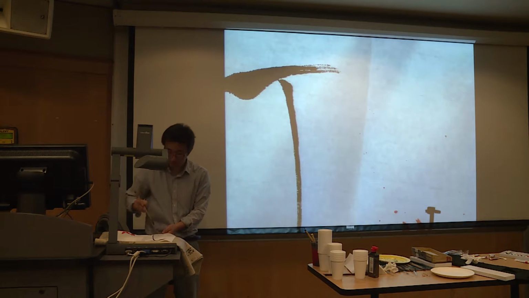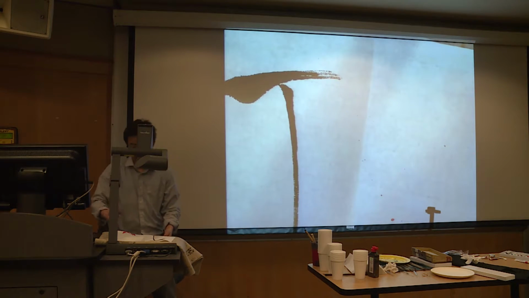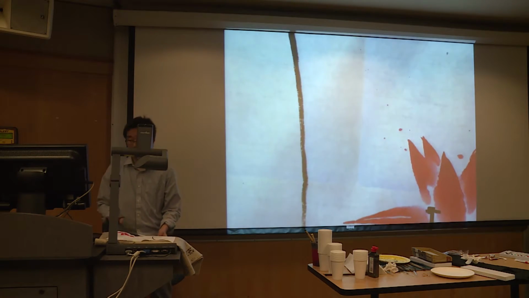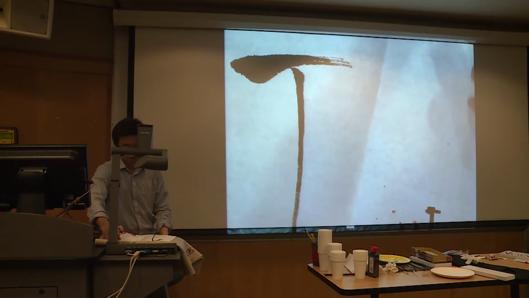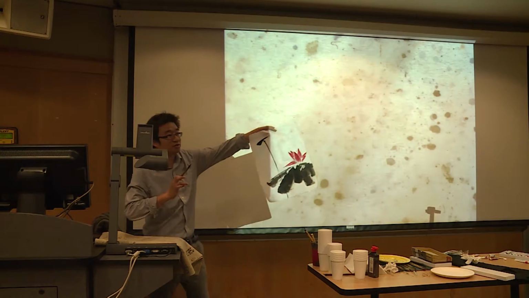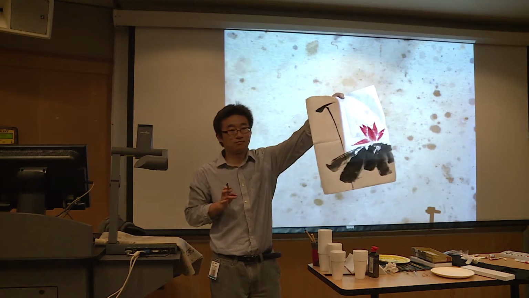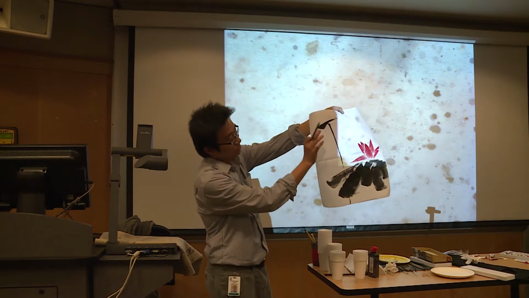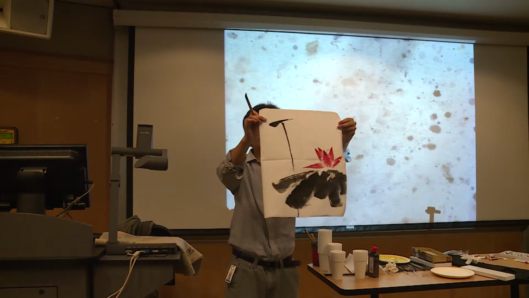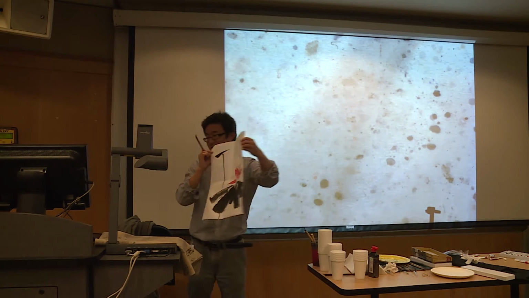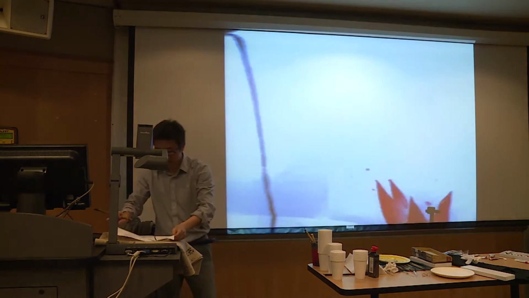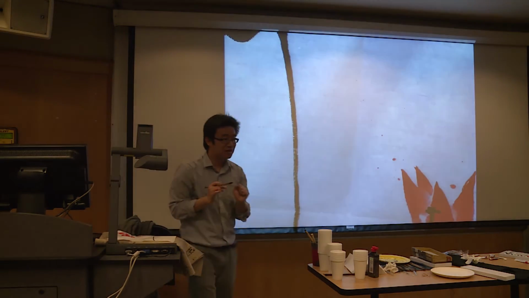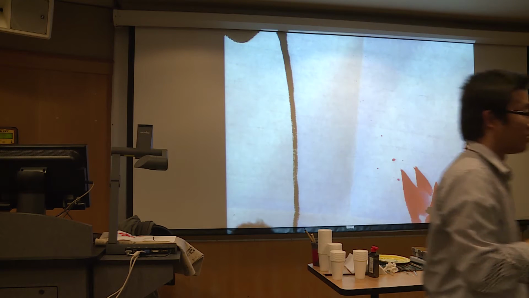Keep. So this you can see the whole picture. There's some angle. It's not very vertical. Right? Yeah. Let me take a look. And this, the stem, must be thin, not very thick.